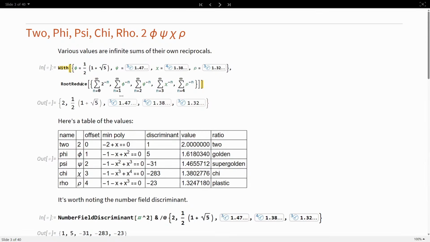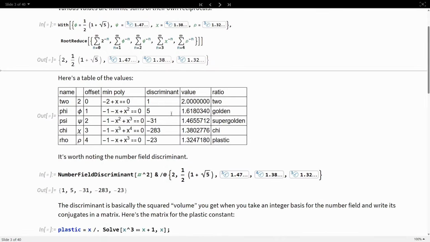And if you look at the powers for 1, 2, 3, and 4, the solutions are: the golden ratio is an infinite sum of itself, starting with the first reciprocal. The super golden ratio starts with the second. The chi constant starts with the third, and the plastic constant starts with the fourth. And you get these 5 values.